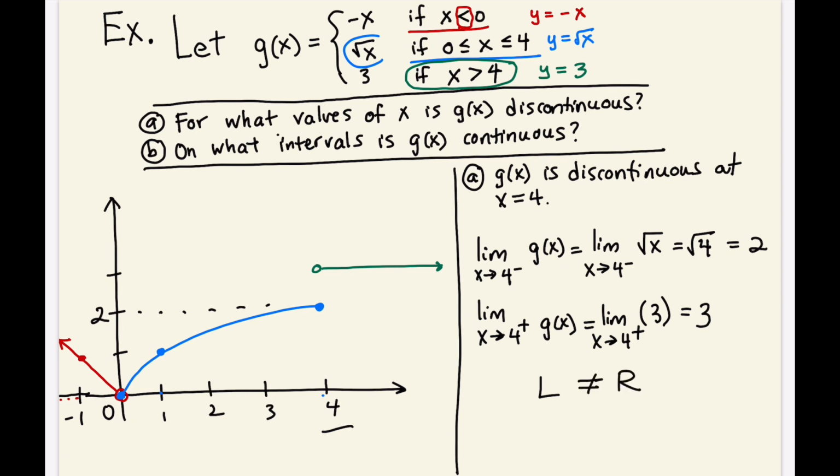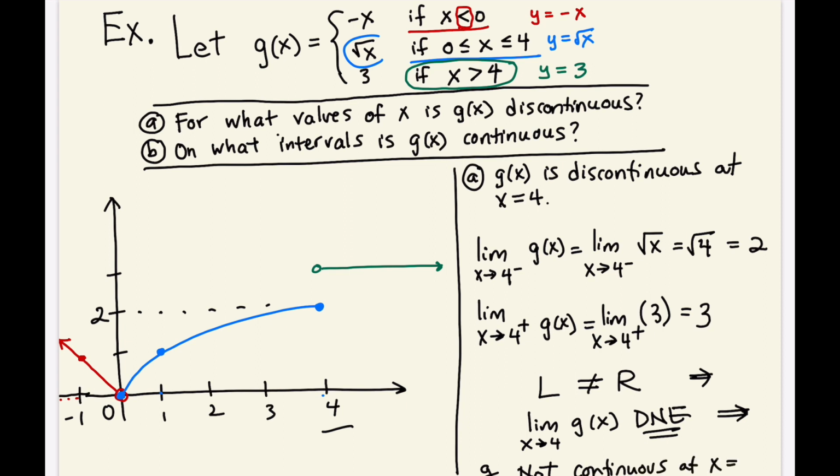This implies that the limit as x approaches 4 of g of x does not exist, and that implies not continuous. G is not continuous at x equals 4. Condition 3 we can't even really talk about then. Hopefully I've convinced you that the function is not continuous at x equals 4.